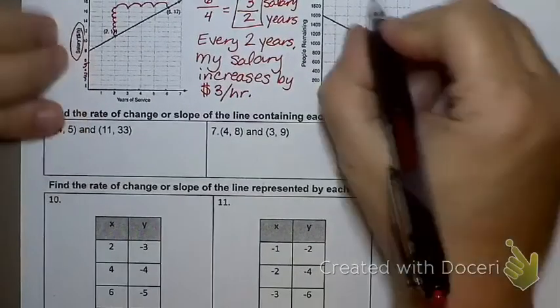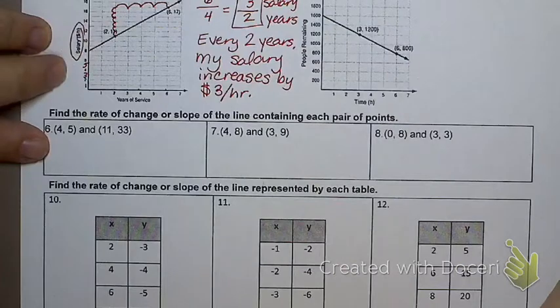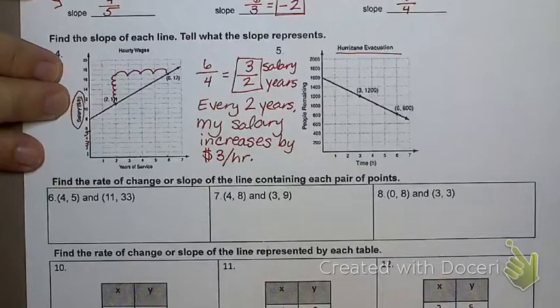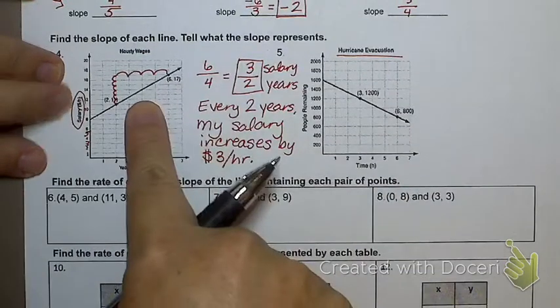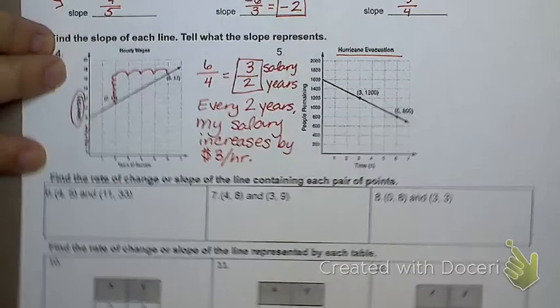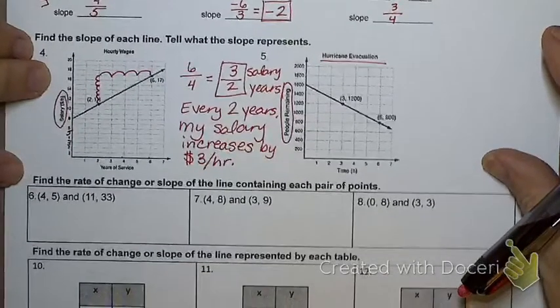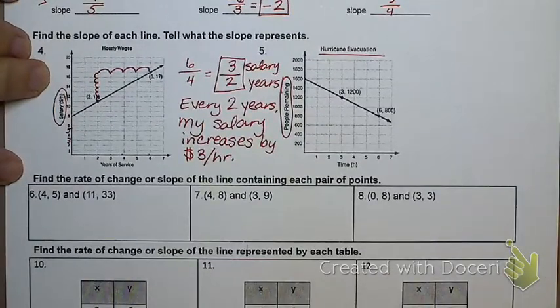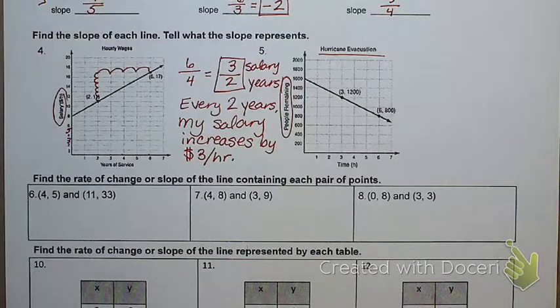Next one, hurricane evacuation. Notice this one is decreasing instead of increasing. Why is it decreasing? Well, these are the people remaining. So as people are evacuating, there are less and less people remaining. Makes sense, right?